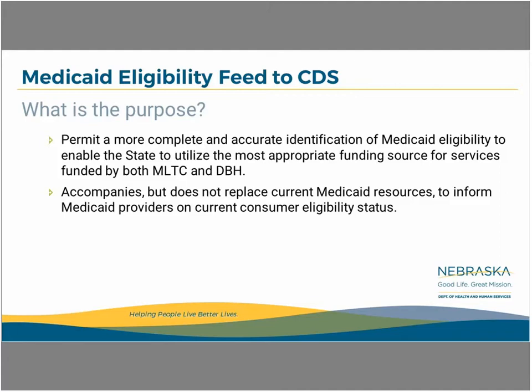We understand it's difficult when providers might be bouncing back and forth with eligibility, and so we're working with Medicaid to really make sure that we do have a complete and accurate method for identifying Medicaid eligibility that enables us to establish and ensure the most appropriate funding source for services is used by both Medicaid long-term care, managed care, as well as the Division of Behavioral Health.